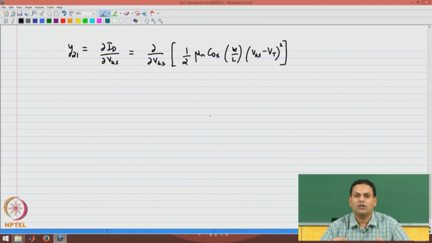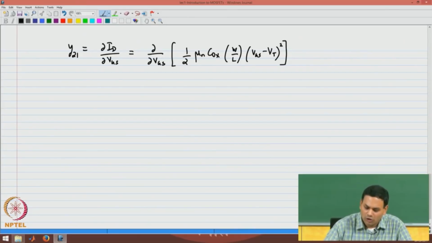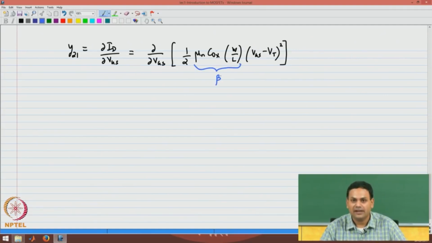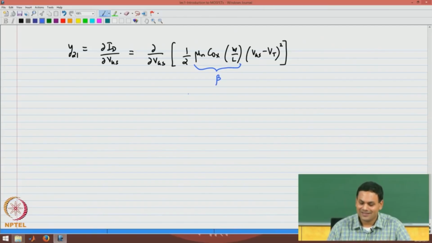So, let me make a small simplification here to ease the flow of writing. I am going to call this parameter some beta just to make things easier.